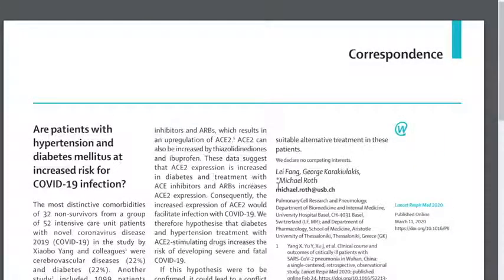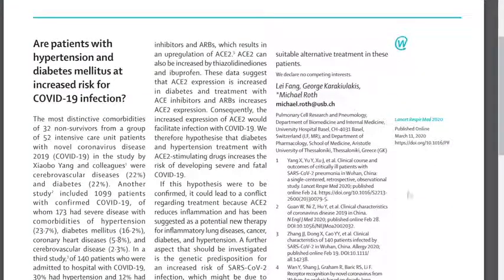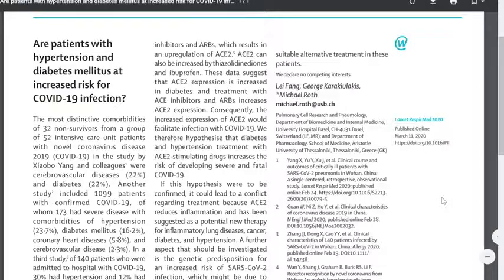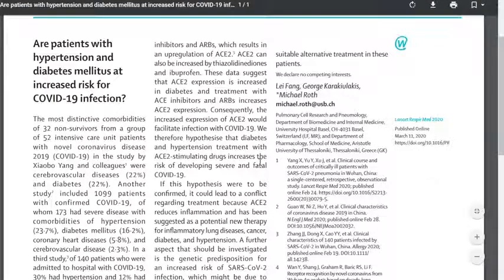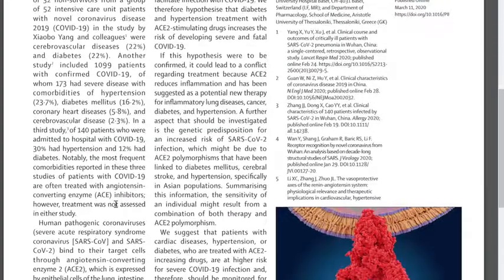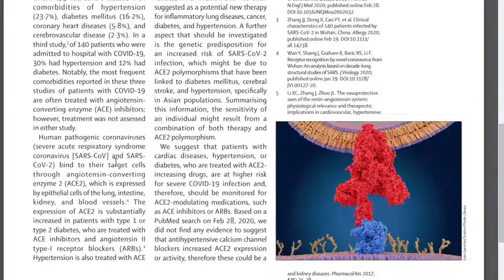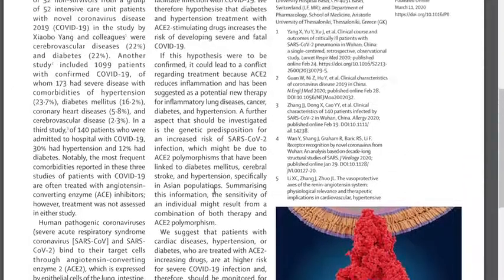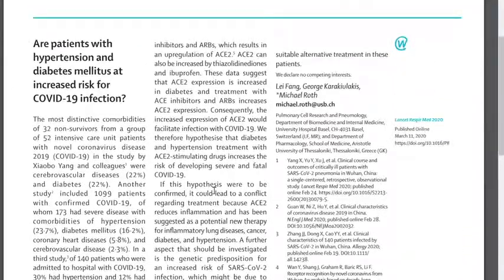So here is an article that was sent to The Lancet, published on March 11th, 2020. And the question is, are patients with hypertension and diabetes mellitus at risk for COVID-19 infection? And they talk about the incidence of cardiovascular diseases. They talk about the SARS-CoV virus and SARS-CoV-2 and the ACE-2 protein, which is the receptor for this.